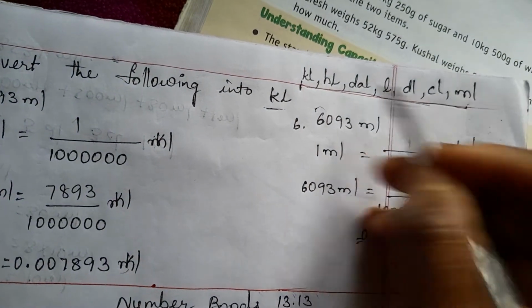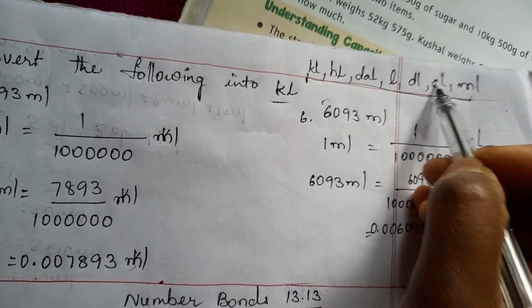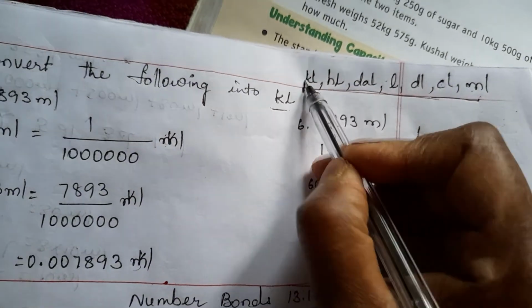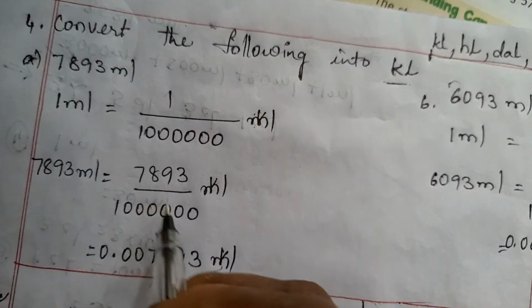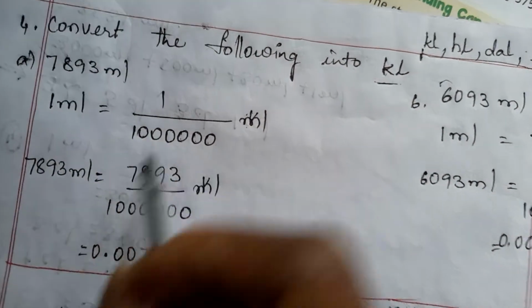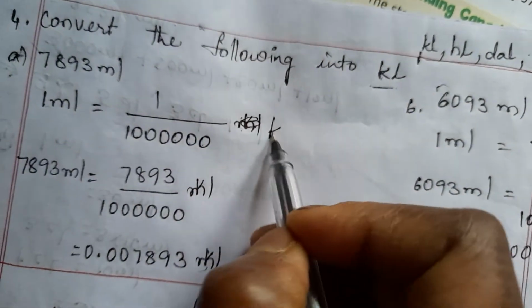So from right to left means fraction form. So from here 1 step, 2 steps, 3, 4, 5, 6. So how many zeros? 6 zeros in the denominator place. 1, 2, 3, 4, 5, 6 zeros. So 1 ml equal to dash KL.